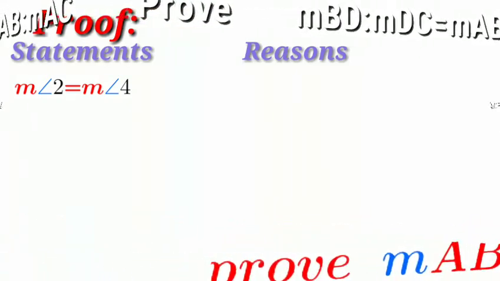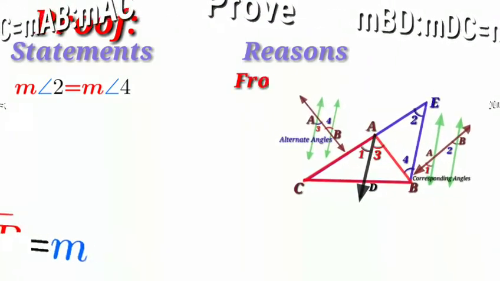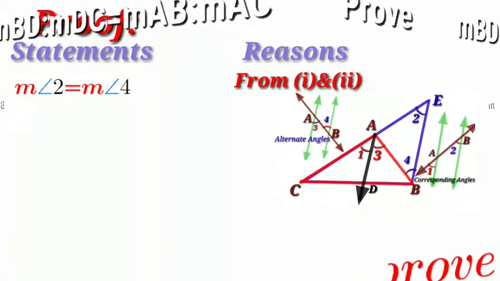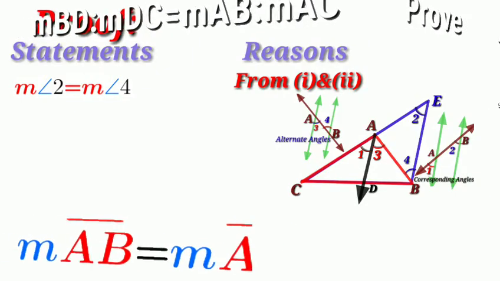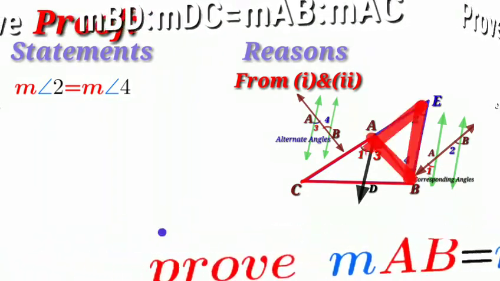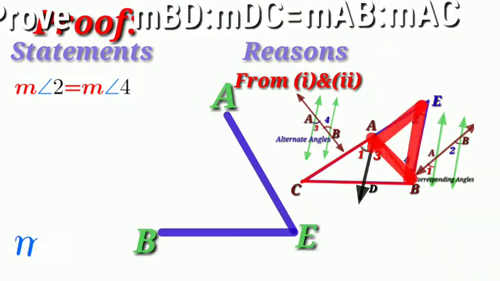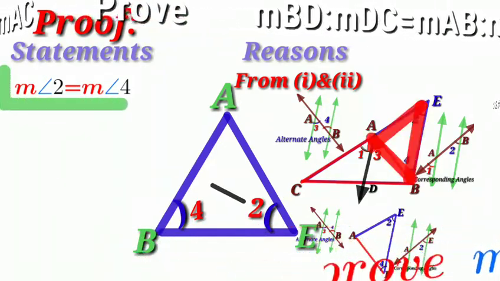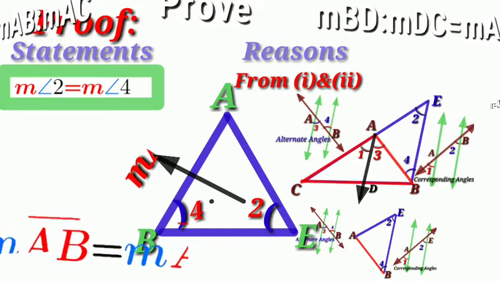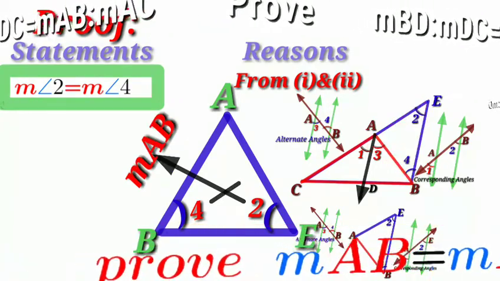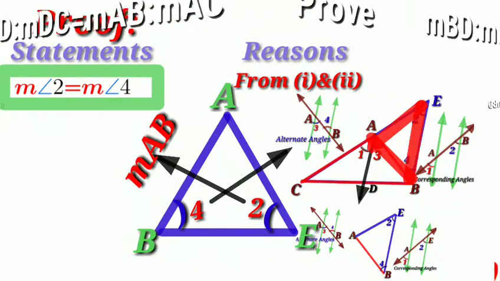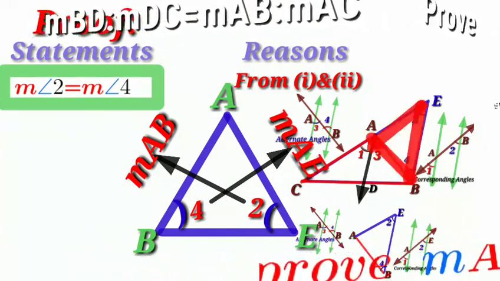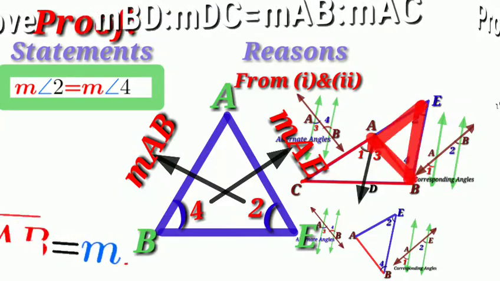In triangle BCE, when the two parallel lines are intersected by the sides AC and AB, there is another triangle ABE in which angle 2 is equal to angle 4. So the opposite side of angle 2 is AB and the opposite side of angle 4 is AE.